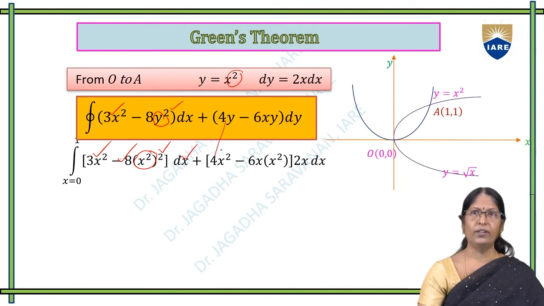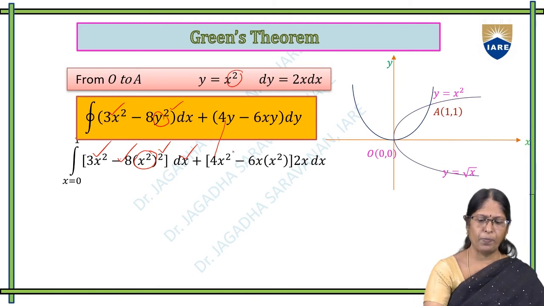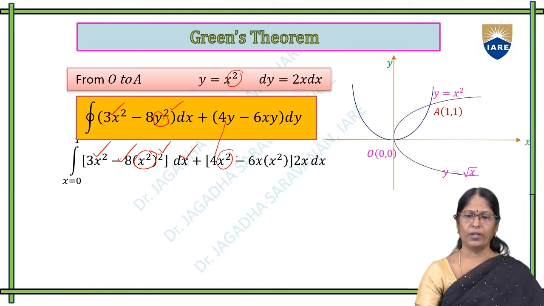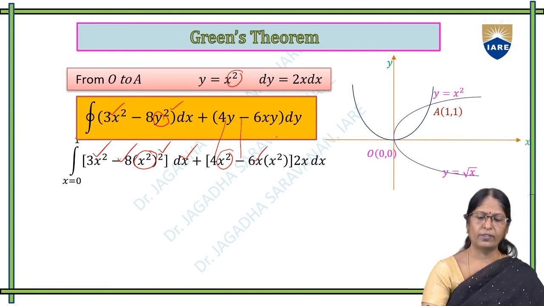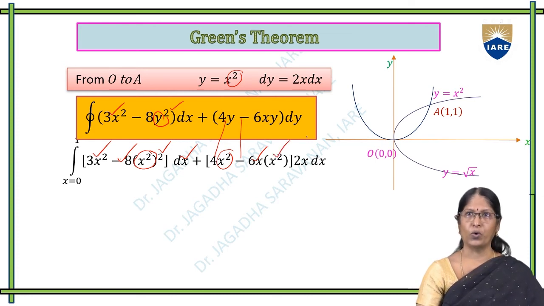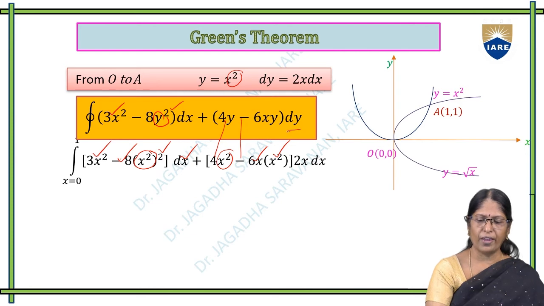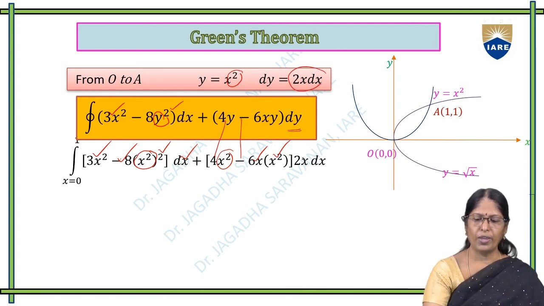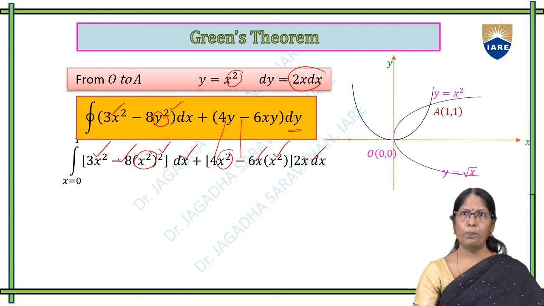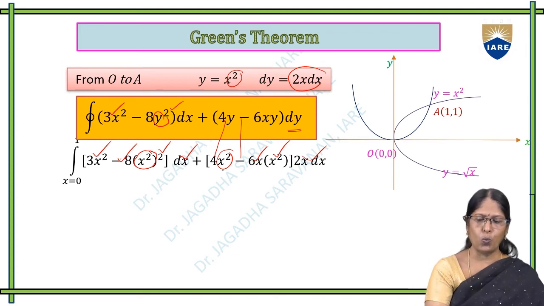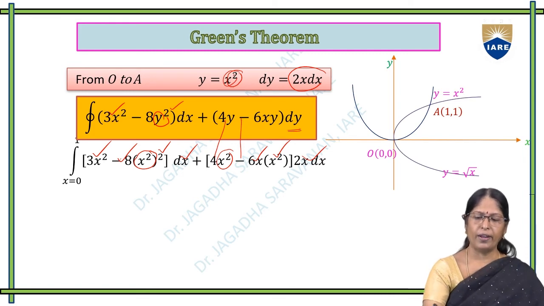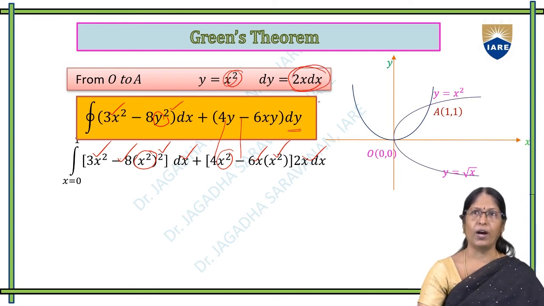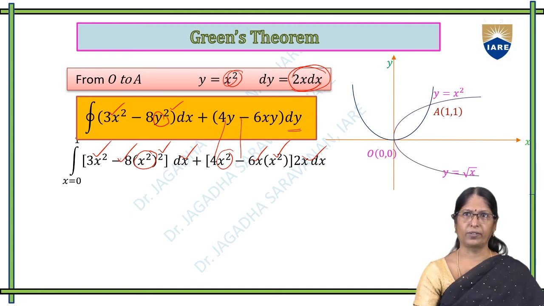Therefore, 4 times y replaced by x square, minus 6x times y replaced by x square, and dy is 2x dx. Completely, wherever y appears we replaced it by x square, and dy we replaced by 2x dx.